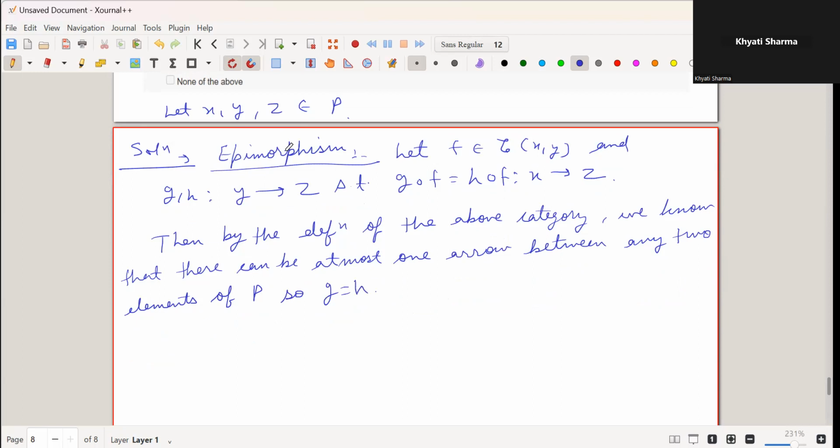Because there can be at most one such thing, and hence F is an epimorphism trivially, because being an epimorphism means whenever you have G composed with F equal to H composed with F, then you have G equal to H, right?